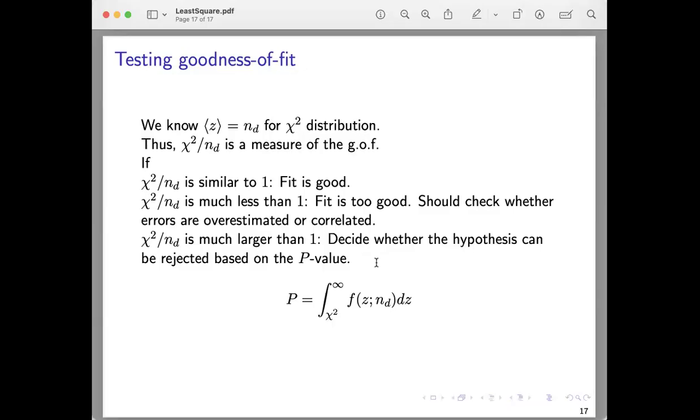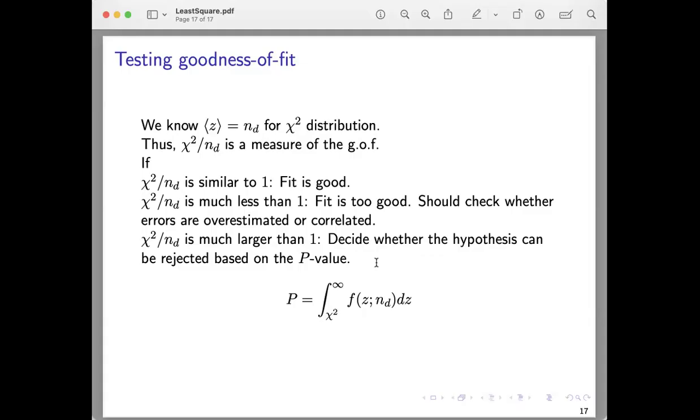If chi-square per degree of freedom is much larger than 1, then you have to decide whether this hypothesis is correct or can be rejected based on the p-value corresponding to this chi-square value.